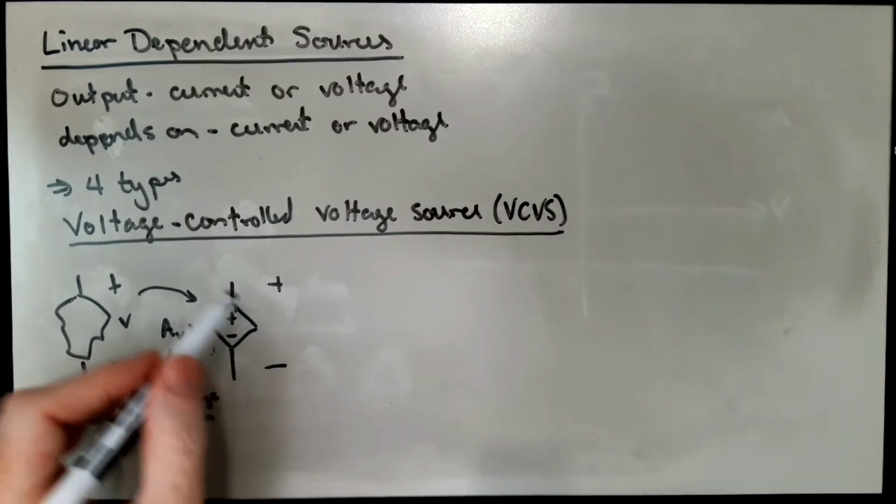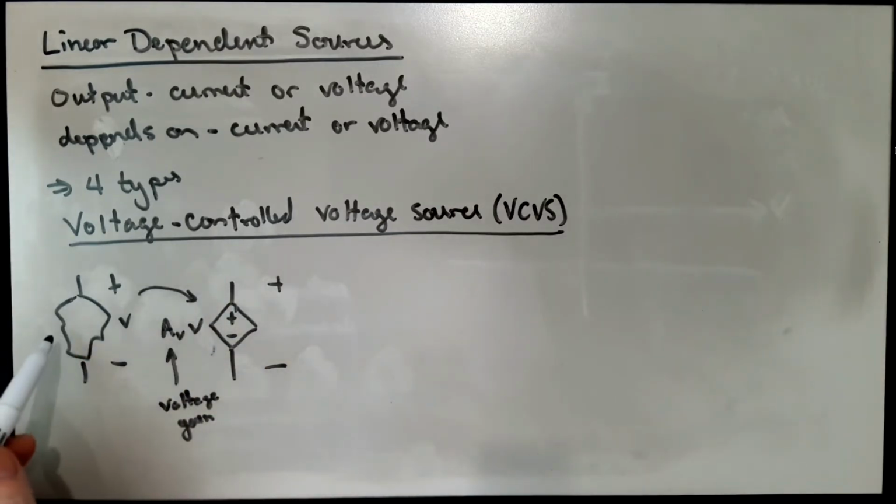So this is the dependent source, and it depends on a voltage variable somewhere else in the circuit.